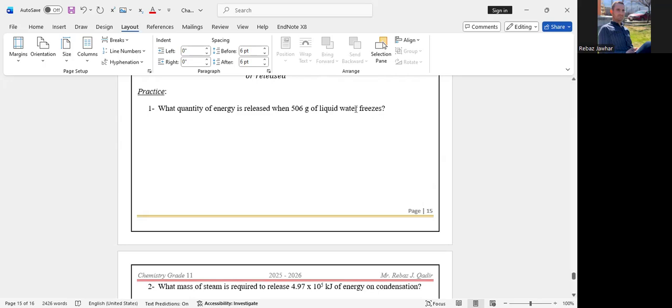Here, because it's freezing, you have to use the molar enthalpy of fusion, 6.009. You have to solve this question by yourself, because it's the same as the sample problem, part one. Same steps.